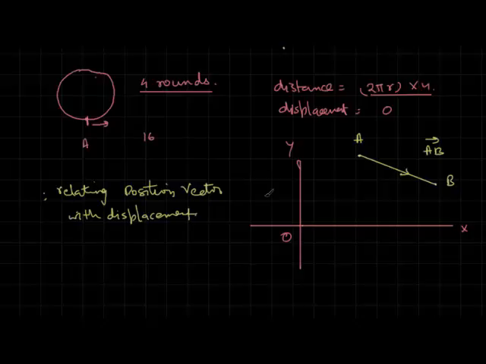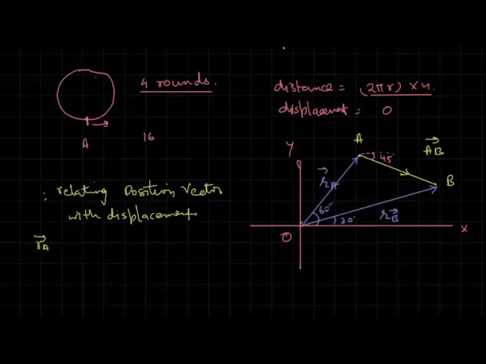So what is the position vector of A? It is like this. Let me use some different color. And position vector of B is RB. So if this is 30 degree, this is 60 degree, and let's say this is 45 degree.